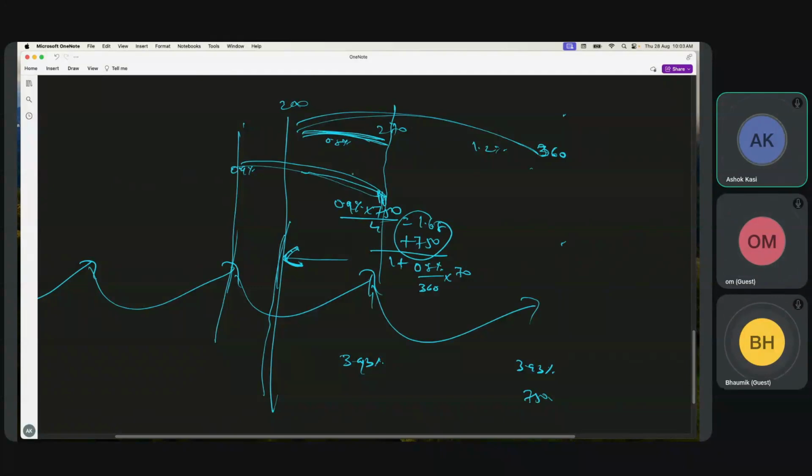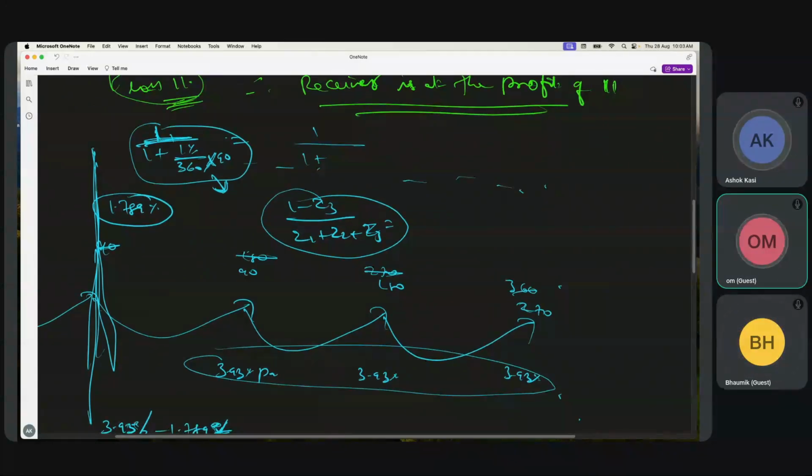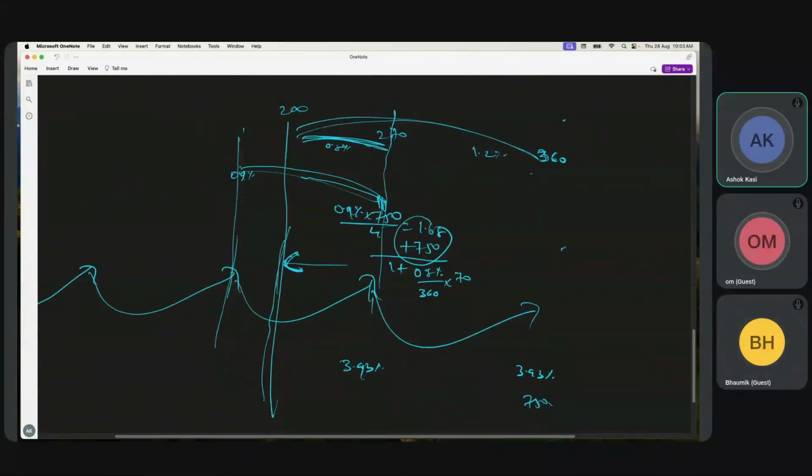Here it will be a problem because then you are not factoring 0.9 percentage anywhere. In the previous case, it was priced at par because it was exactly falling on the resettlement date, so we could afford to do it that way. But right now it is not falling on the resettlement date, so you cannot ignore this 0.9 percentage.